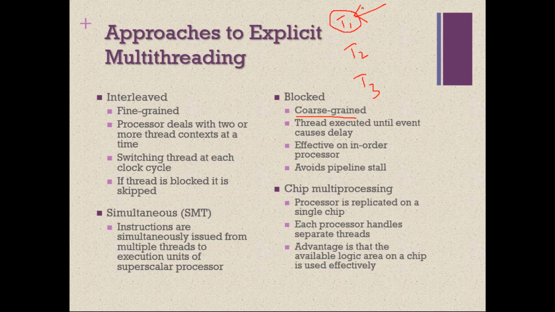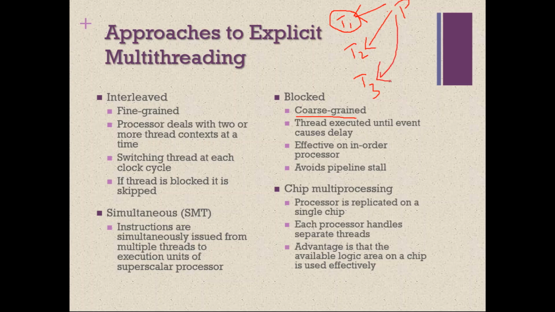After some time T1 may enter into a blocked state because it may want to perform an IO operation, or fetch an instruction from memory which is not available. When T1 gets blocked, the processor will context switch to T2. Then it will keep executing T2 as long as T2 does not go into a blocked state. Once T2 goes into a blocked state, it will execute T3.